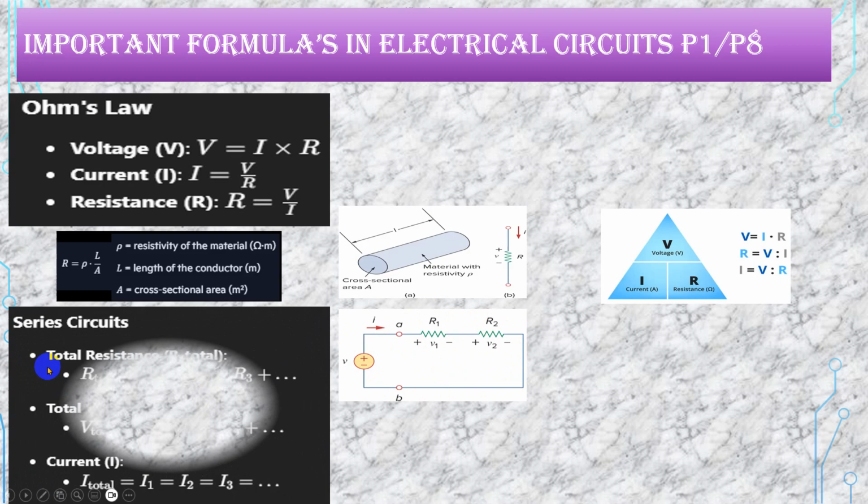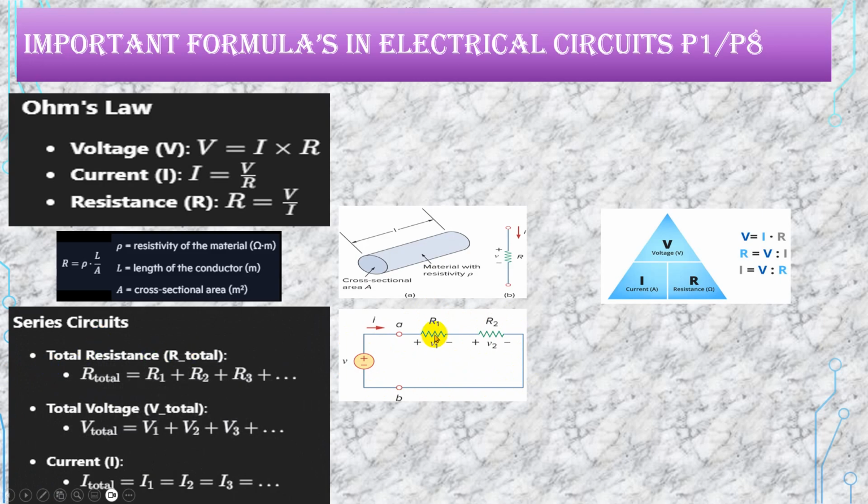In a series circuit, the total resistance is always the summation R1 plus R2 plus R3 and so on, the equivalent resistance. Voltage is V1 plus V2 plus V3, because voltage is the current multiplied by the resistance.